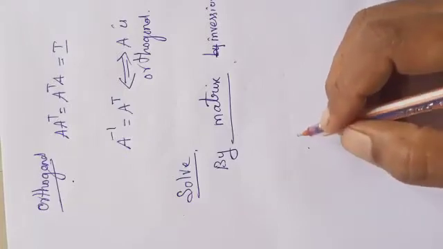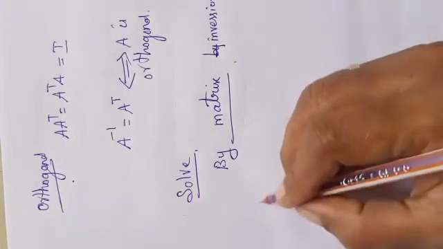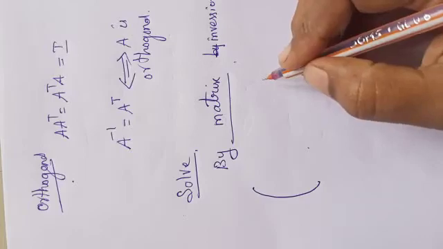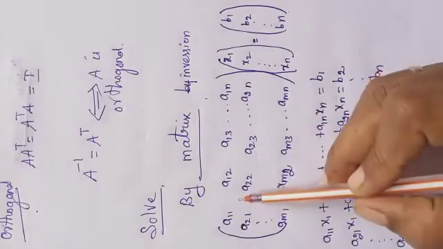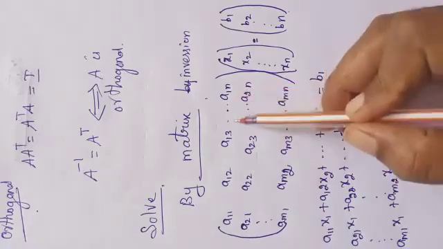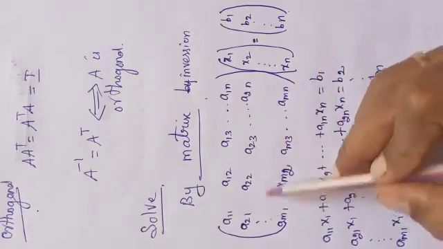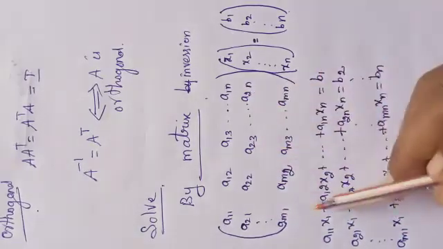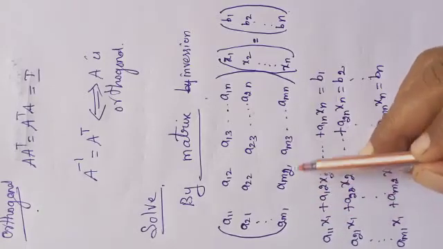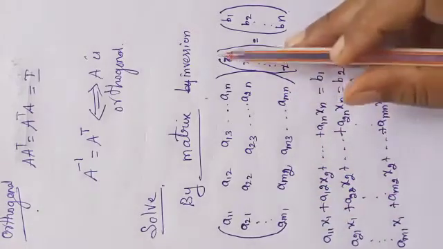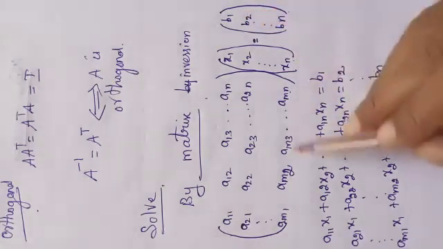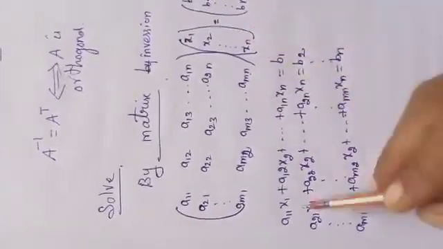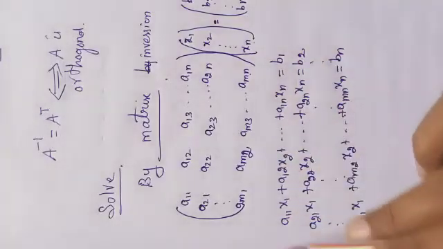Shall we take any matrix, or can we take the general form? A11, A12, A13, etc., A1n, A21, A22, A23, etc., A2n, Am1, Am2, etc., Amn, into x1, x2, xn, equal to... This is from this equation.